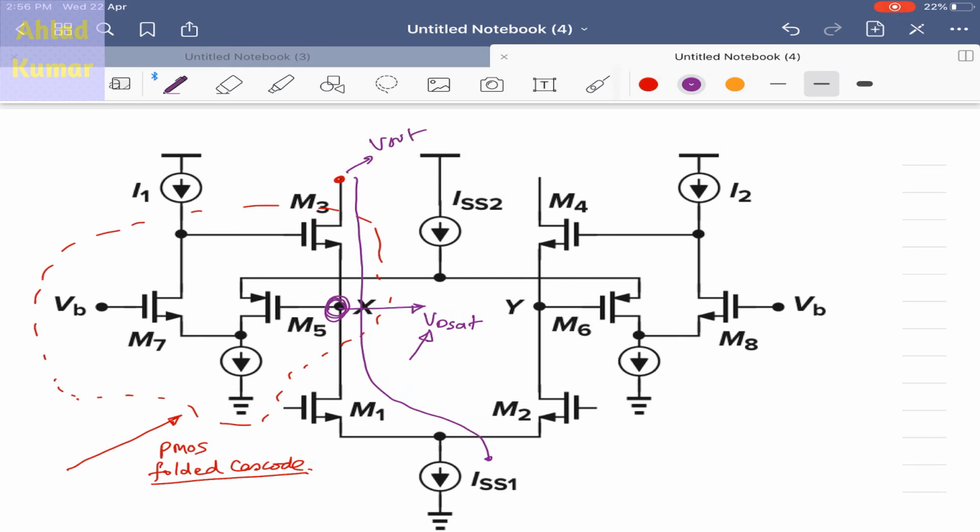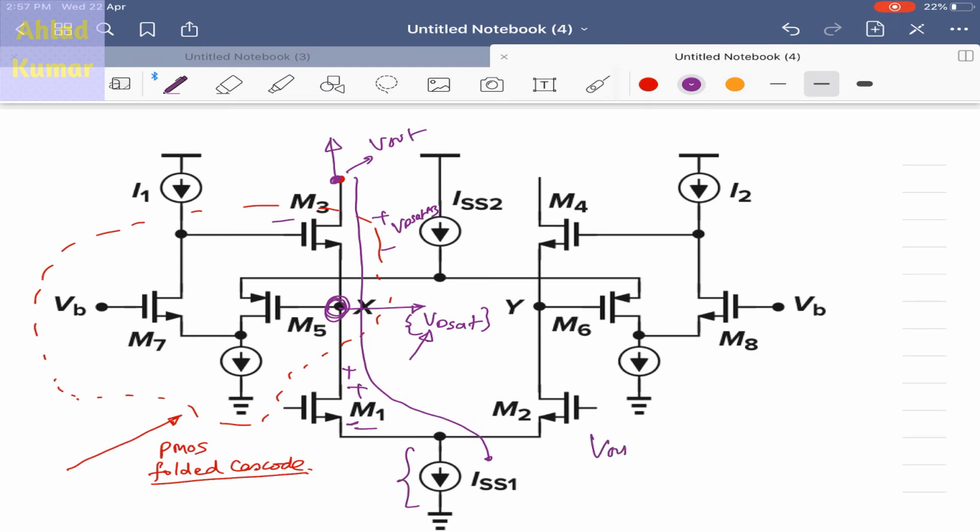But right now what we are saying is, let us say it has VD sat as the minimum drop across it. If that is the case, what is the output swing available here at the output node? It is VD sat of M3, then VD sat of M1, and then VD sat of ISS1.